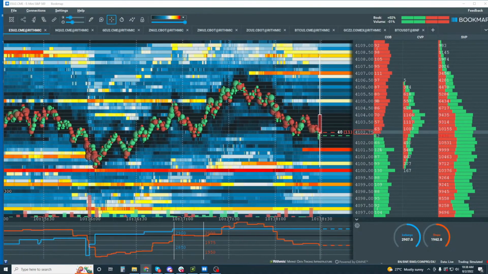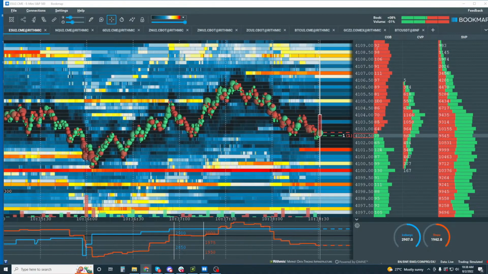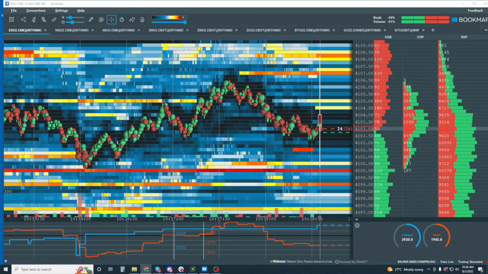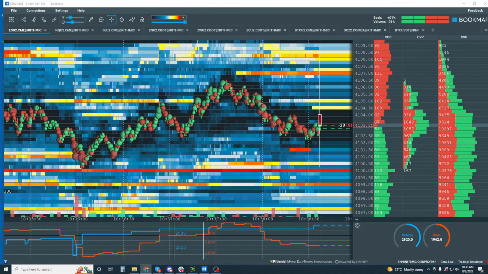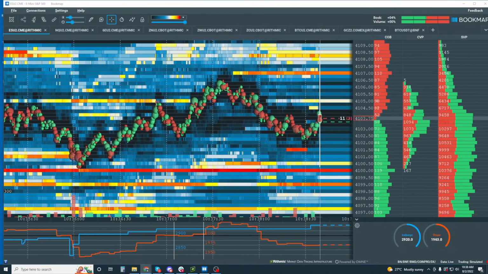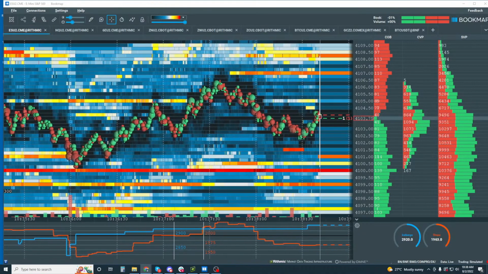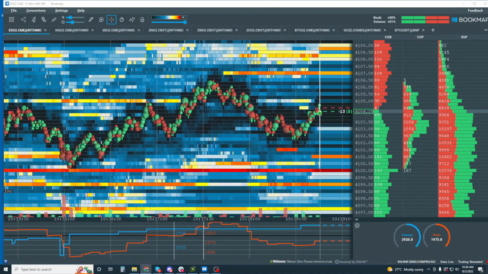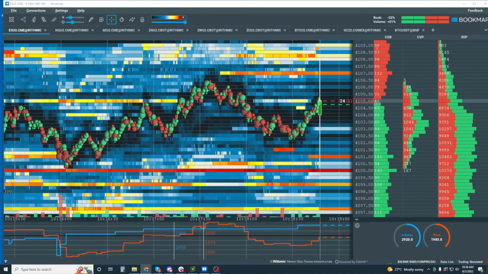Okay, scalping strategy. Looking at your 15-minute chart and heat map. Yeah, we'll go through this exercise of who's in control, but also the candles and what's within the candles here. In fact, I want to do a small video on that.